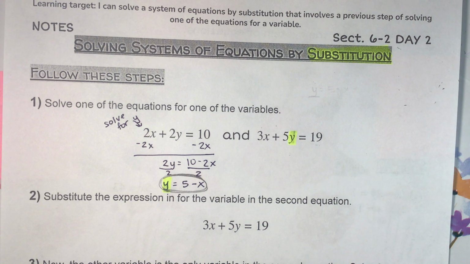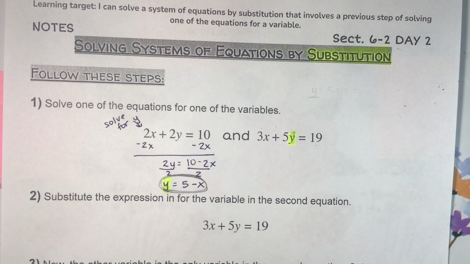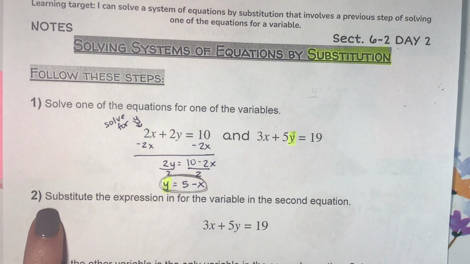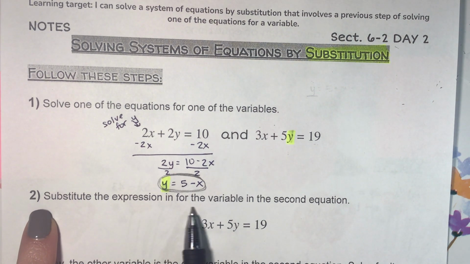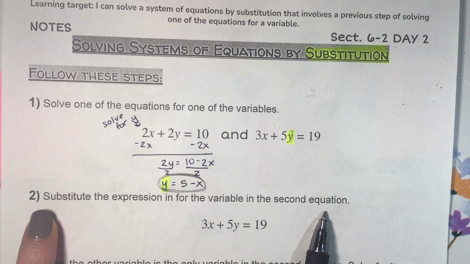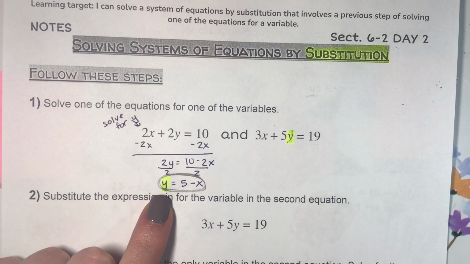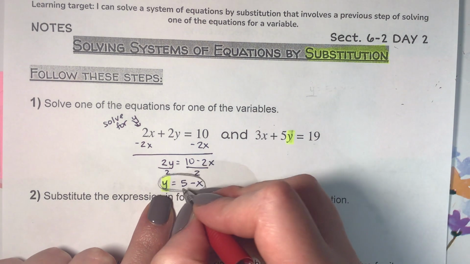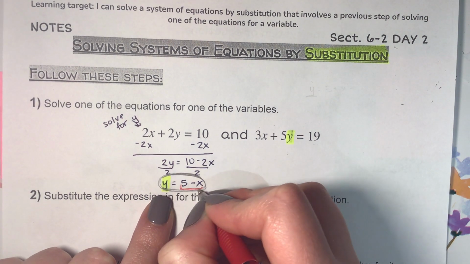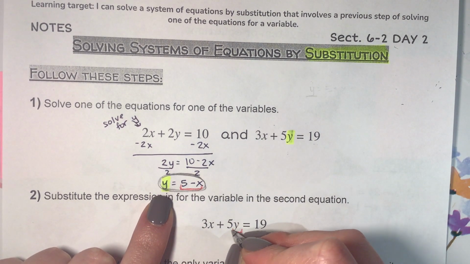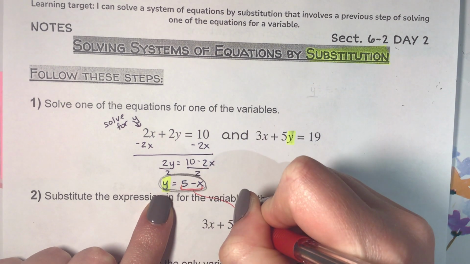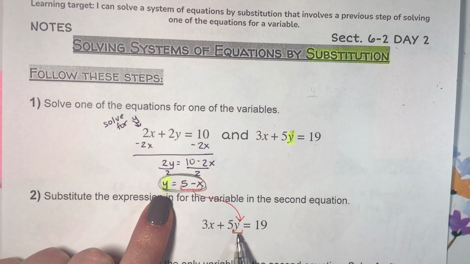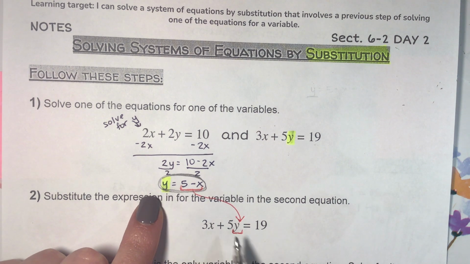So I'm going to write this expression down here. My second step is substitute the expression in for the variable in the second equation. So I want to take this y equals 5 minus x, and I'm going to stick it in right here for that y, because I'm taking this y and I'm replacing it.